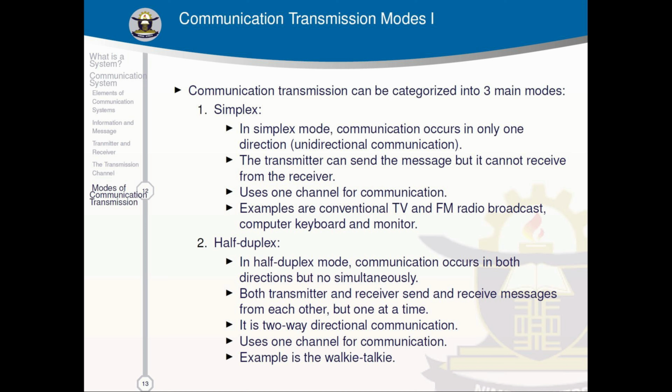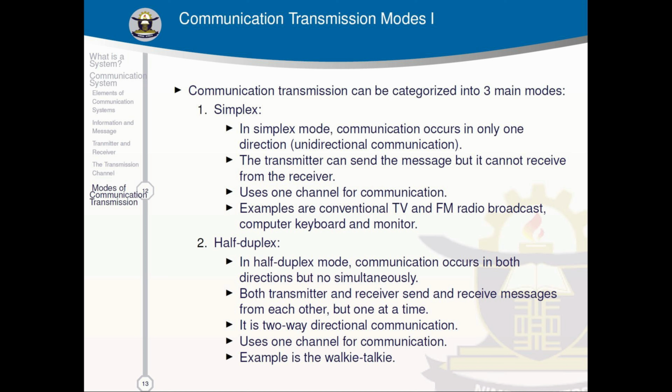Duplex communication transmission. And duplex here meaning when the transmitter sends information, the receiver after receiving is also able to transmit information back to the transmitter. However, we have two types of the duplex transmission mode. We have the full duplex and the half duplex.